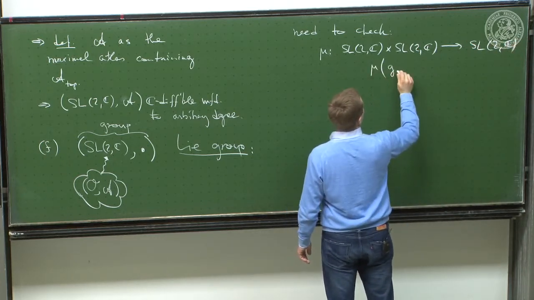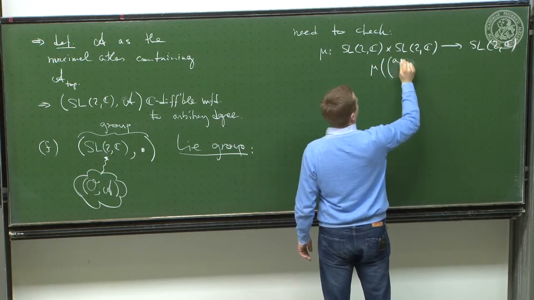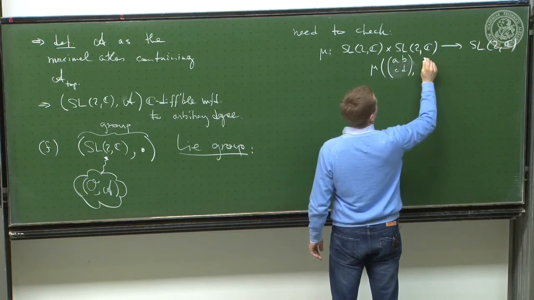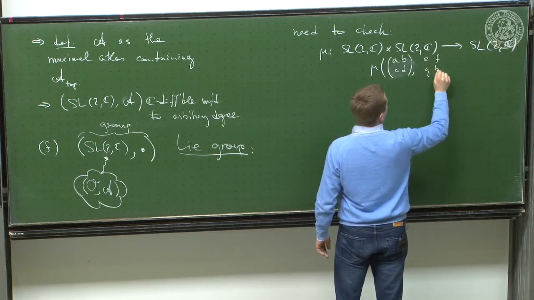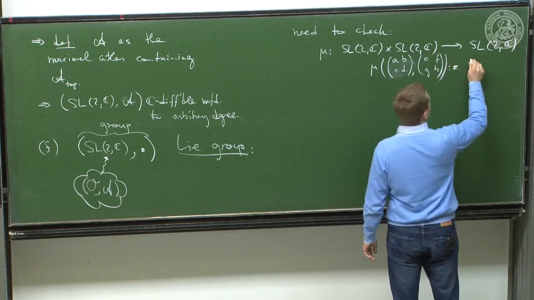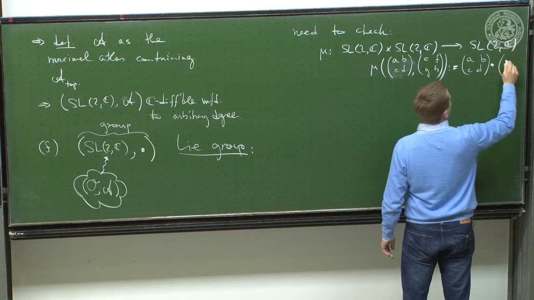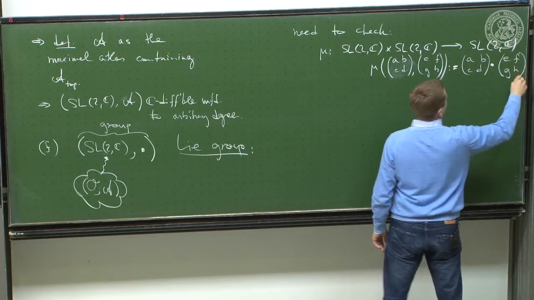Let me call the elements A, B, C, D, E, F, G, H; it takes them to the result by the group operation. That's this map.